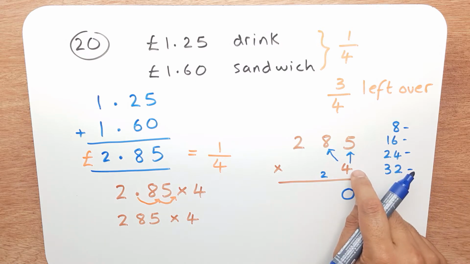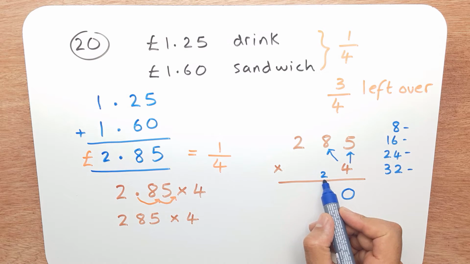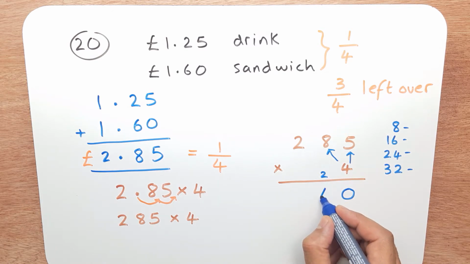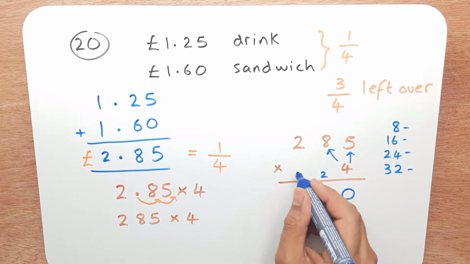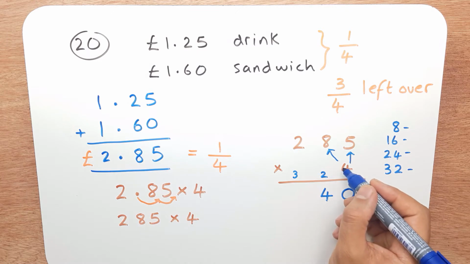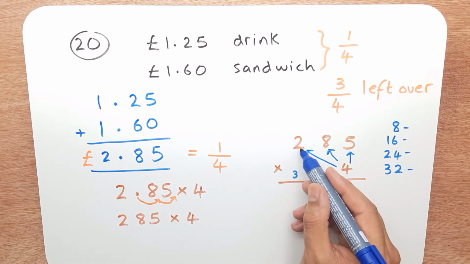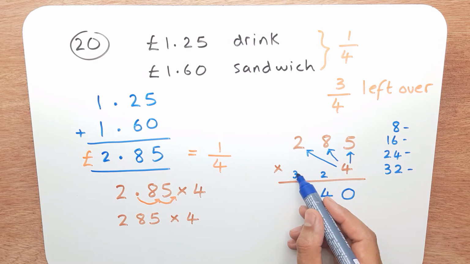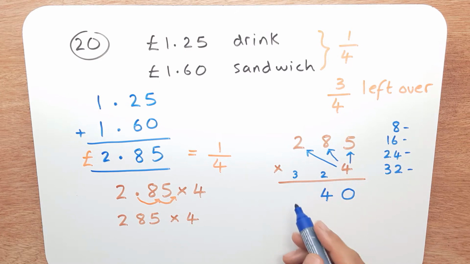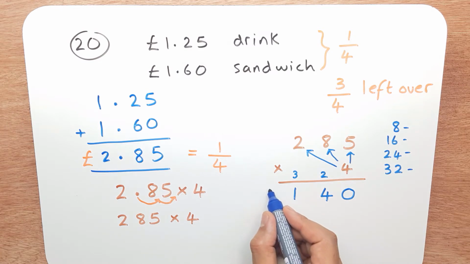So 4 times 8 is 32. Add the 2 that I've carried over, becomes 34. So I put the 4 down and I carry the 3 over. Now I do 4 times 2. 4 times 2 is 8. Plus the 3 is 11. So I put the 1 down and I carry the 1 over into the next column.